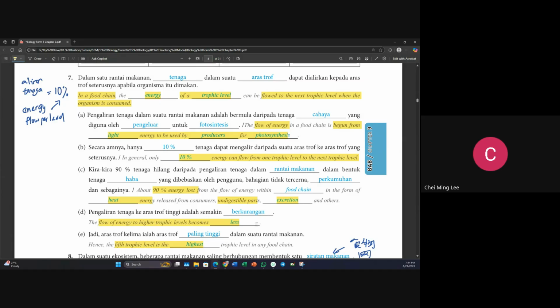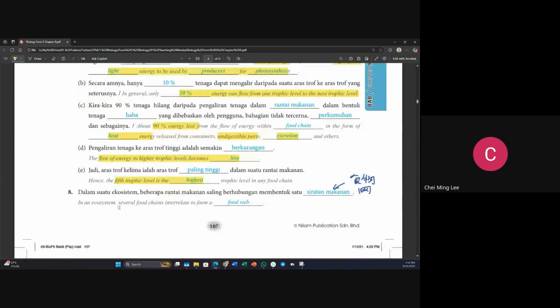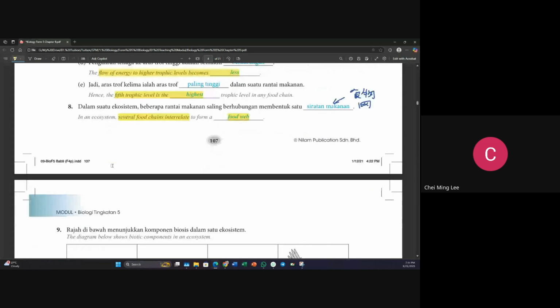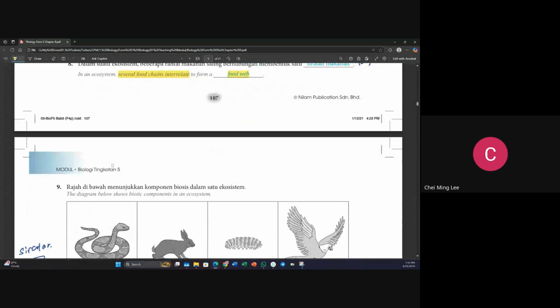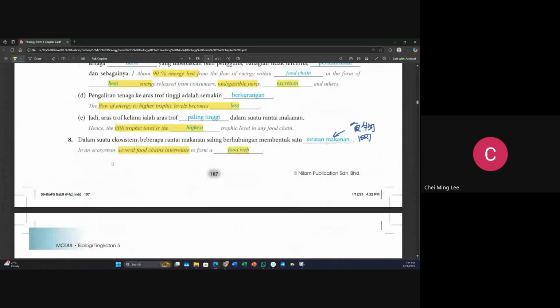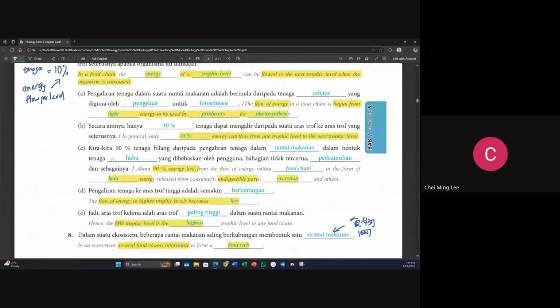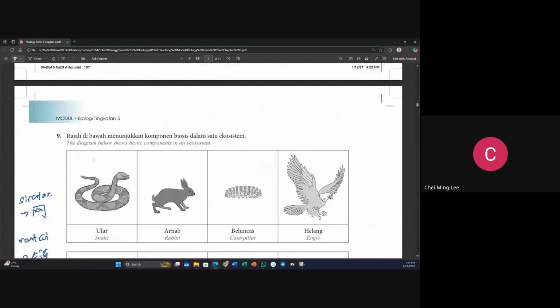Now, in an ecosystem, several food chains will interrelate to form a food web. Several food chains combined become a food web.